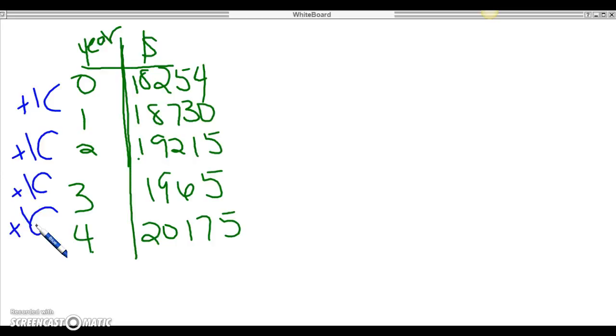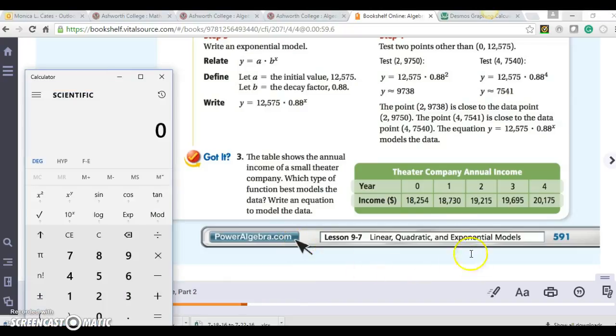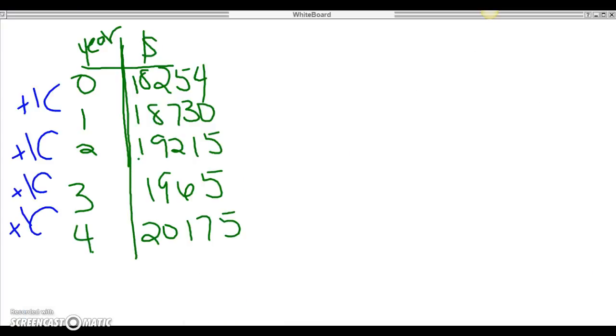And so the first thing that I'm going to check, using subtraction first, is 18,254 minus 18,730. That gives us 476. So we'll put plus 476.